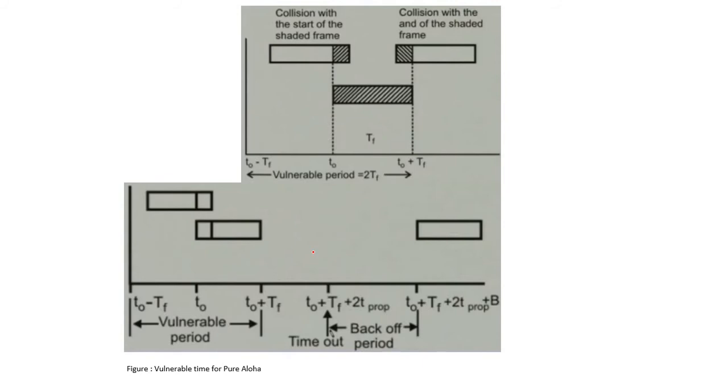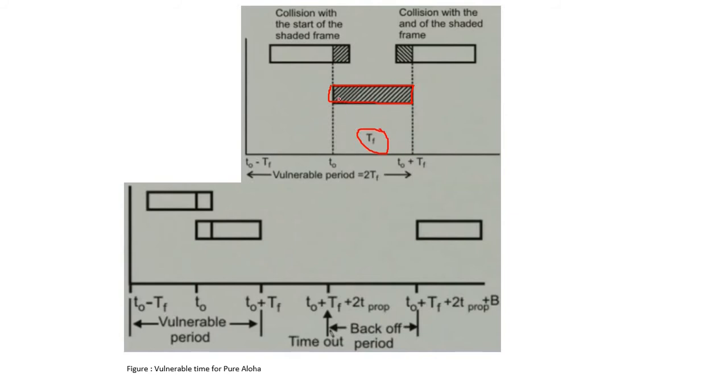But let's first discuss the vulnerable period in terms of pure Aloha, because suppose this time is going to be overlapped. Suppose this frame is going to be transmitted with transmission time TF. Any other packets or data can overlap with this time slot.